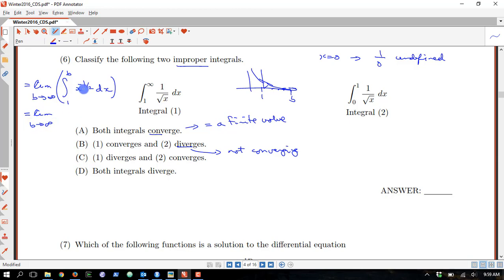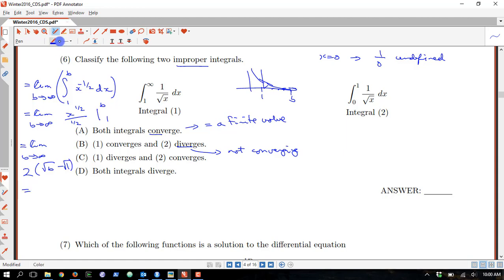The power x to the negative 1/2 when we integrate gives us x to the positive 1/2 divided by the new power 1/2 between b and 1. That's the limit as b approaches infinity of 2 times, what do we have here? We have 2 times root b, plugging the b into here, and then plugging the 1 in. Technically the square root of 1, which is also 1.